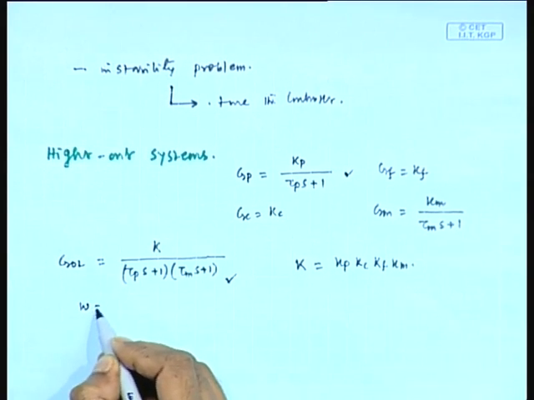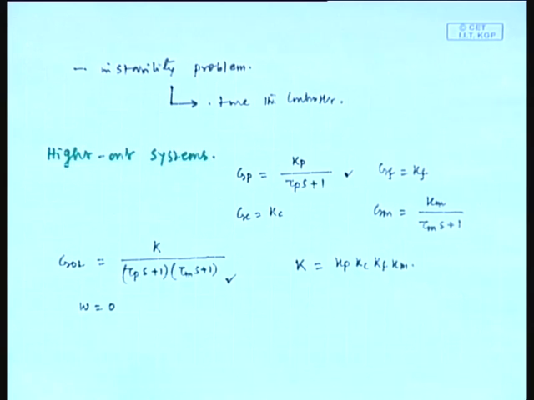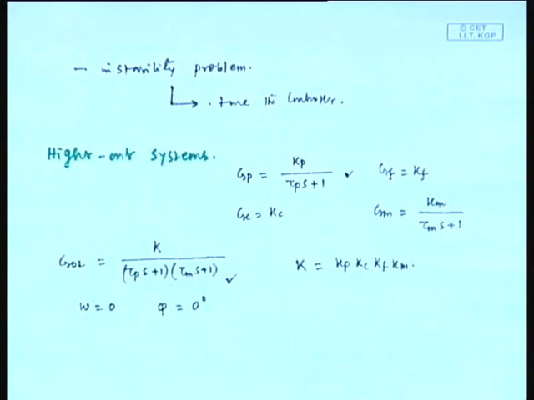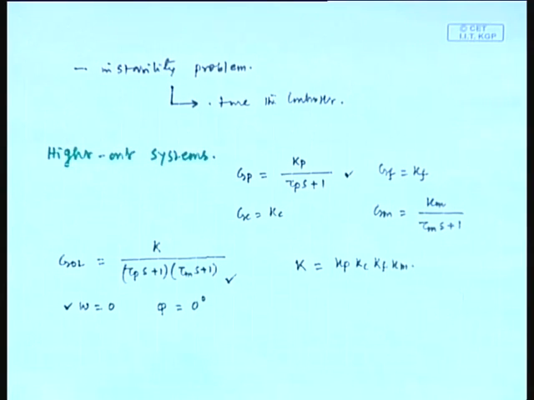Now, if we consider omega equal to 0, how much is phi for the second order system? 0 degree. We are not writing the expression for phi because we discussed this several times. When omega is equal to 0, for the second order system phi becomes 0 degree.